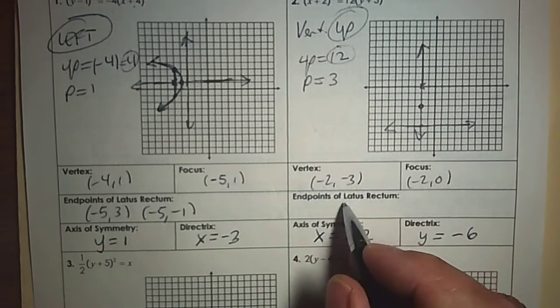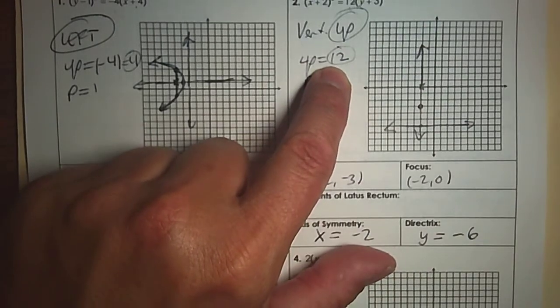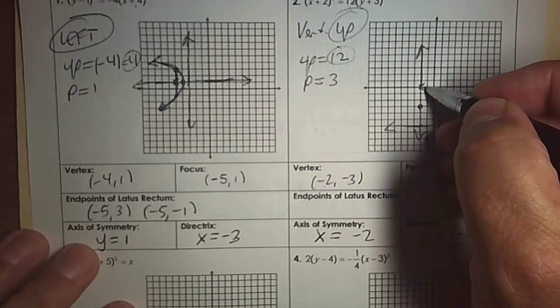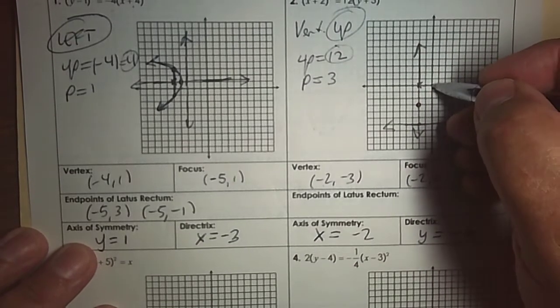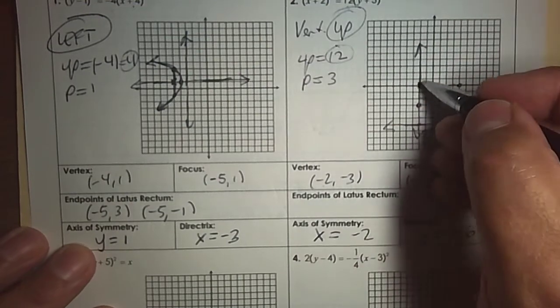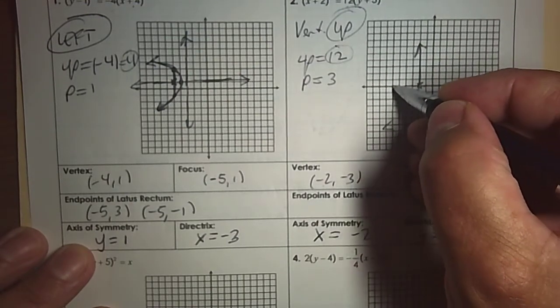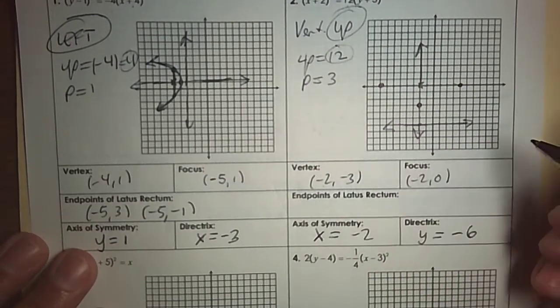Now the last part, the endpoints of the latus rectum. Know that the full length of the latus rectum is 12. So from the focus, I'm going to go 6 to the right and 6 to the left. Those are on my parabola that I'm going to curve through to draw.